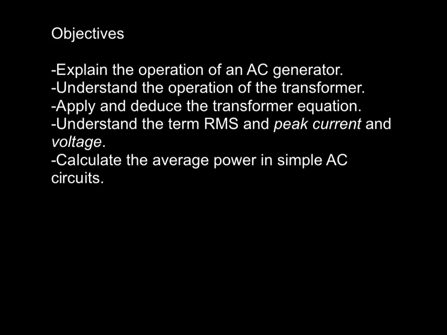So N1 over N2 and all that stuff, which is what we just did. Then you should know what root mean square means, and what peak current, the V0 and E0, and peak voltage mean. So basically the maximum voltage and current. And finally, you need to know how to calculate the average power. Remember, we did this. You just do this using the root mean square current and voltage.